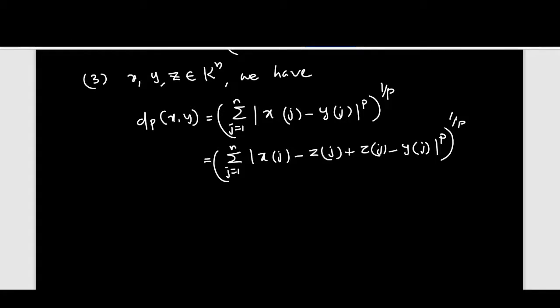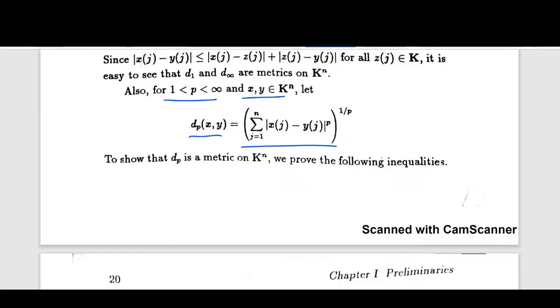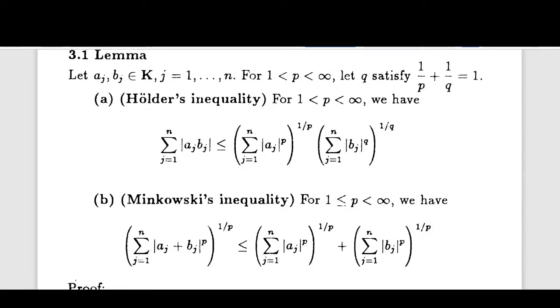Now the Minkowski inequality says that for 1 less than or equal to p less than infinity, we have summation j varies from 1 to n, |a_j plus b_j|^p, whole raised to 1 by p, less than or equal to summation j varies from 1 to n, |a_j|^p, whole raised to 1 by p, plus summation j varies from 1 to n, |b_j|^p, whole raised to 1 by p.